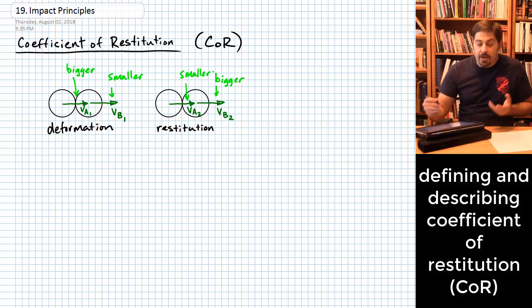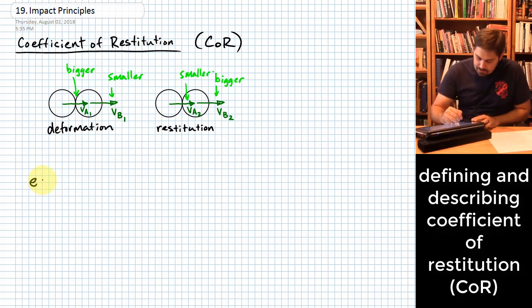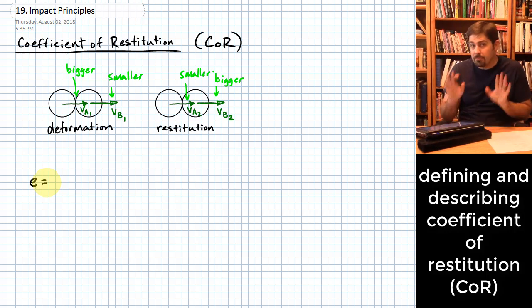Let's go ahead and define what this coefficient of restitution is. The letter that the textbook we use here uses for that is E. I don't particularly love that, because I like to reserve E as the base of the natural log, but we'll go with what they've got.